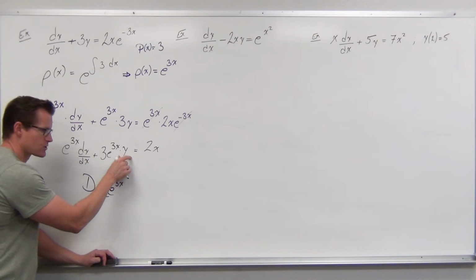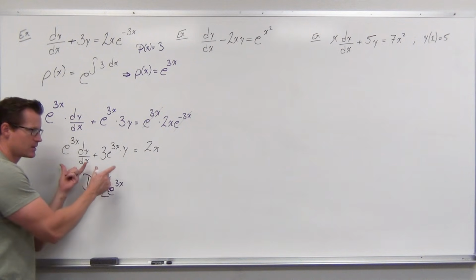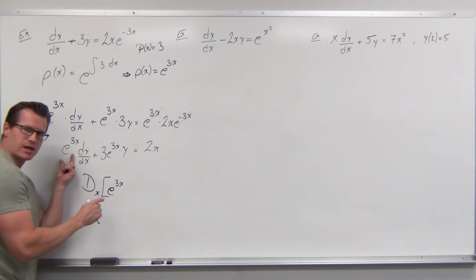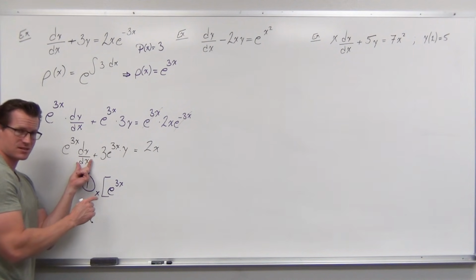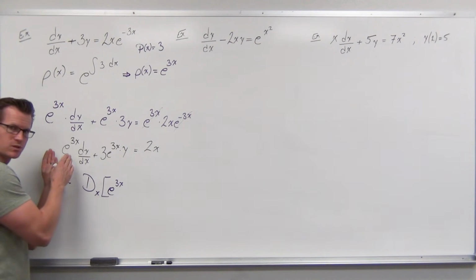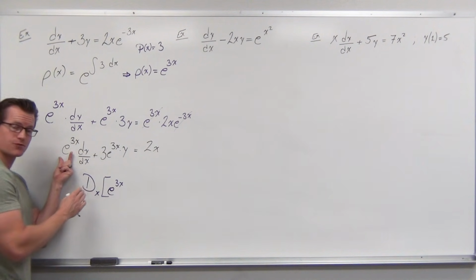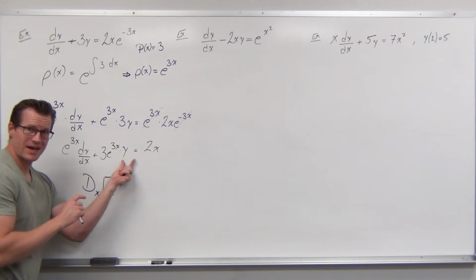So to build your product, all you have to do is look at this and go, hey, this piece right here would not be a derivative. You would not be taking the derivative to get this piece, because this is the derivative of the second piece. Remember how product rules work. Leave the first one alone, derivative of the second. That's the first one alone. Then you take the derivative of the first one, you leave the second one alone. That's the second one.